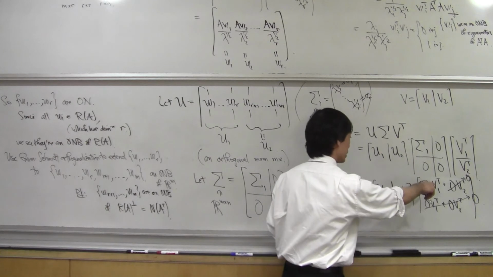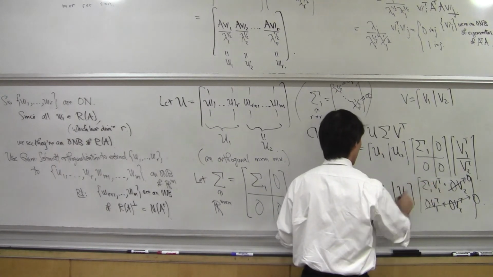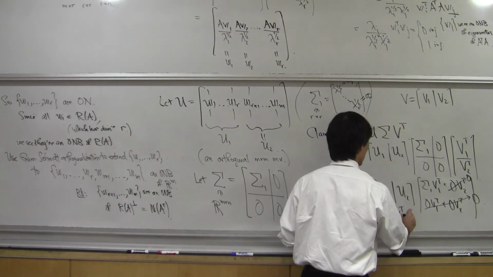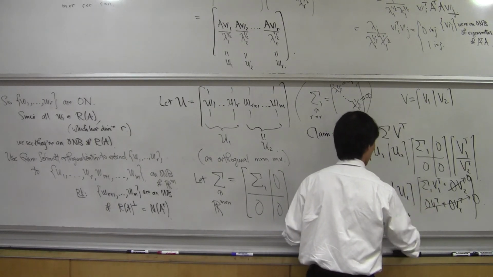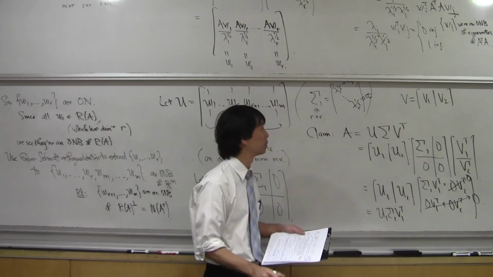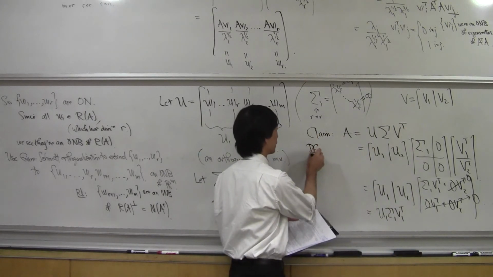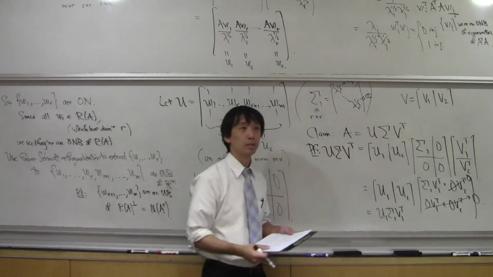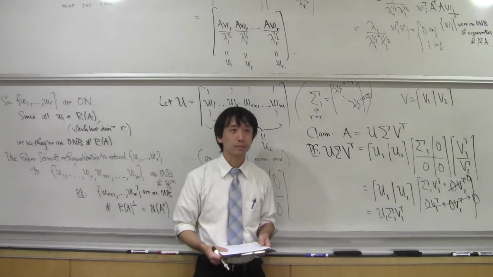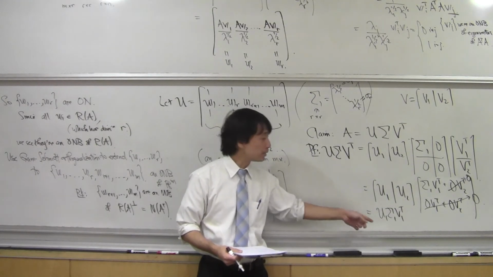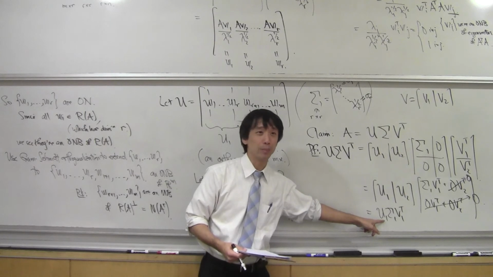But, so what do you get? When you multiply these, you get U1 sigma 1 V1T plus U2 times 0. But that's a compact singular value decomposition, right?